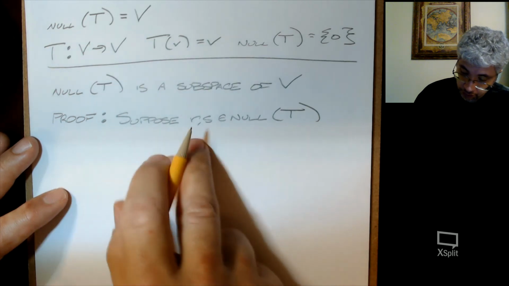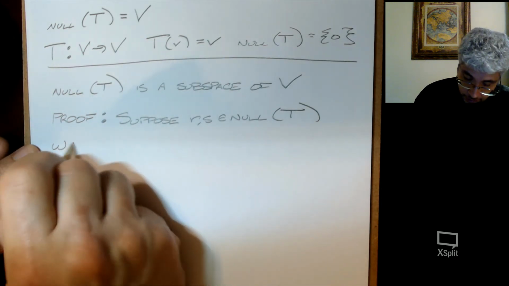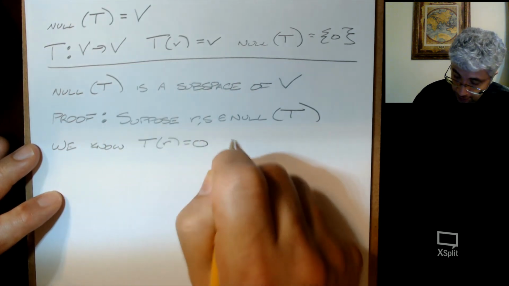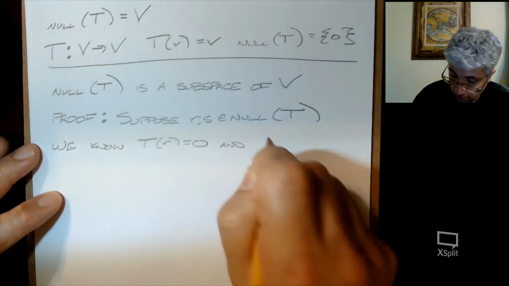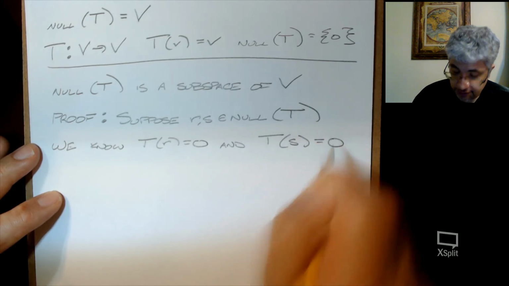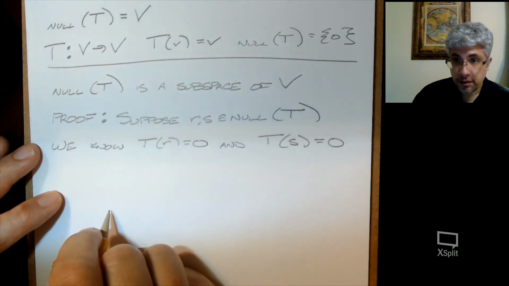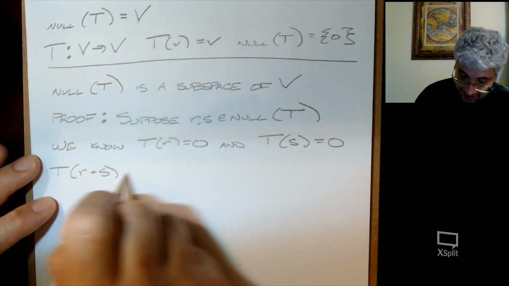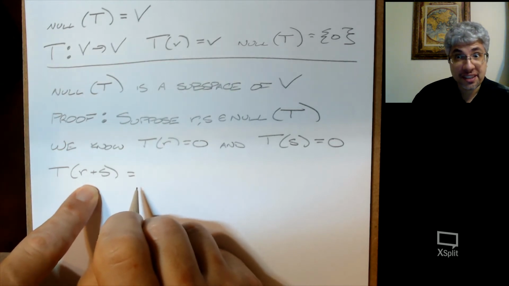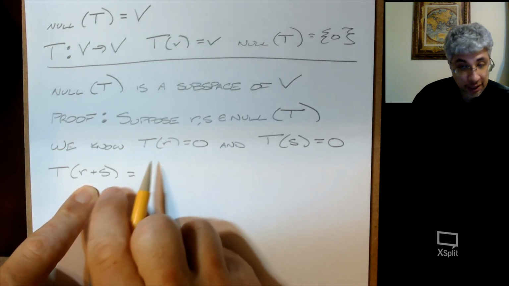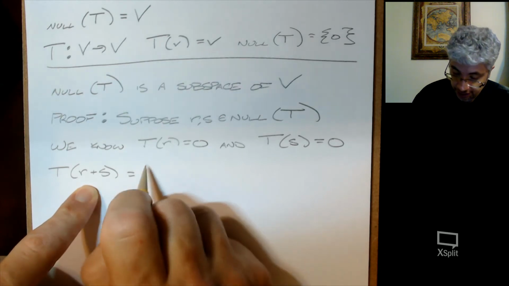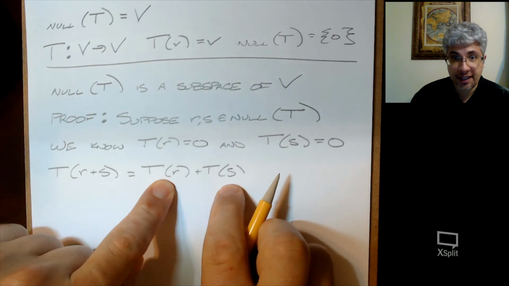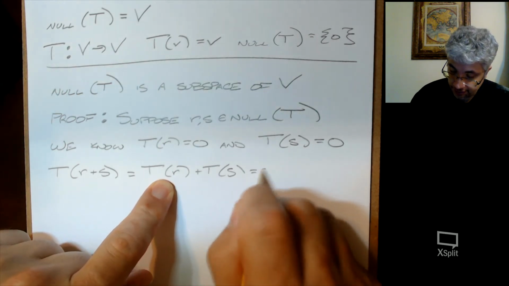But what do I know? Well, if r is in the null space of T, we know T of r is 0. And we also know that T of s is 0. So what do I find out? Well, T of r plus s is equal to T of r plus T of s. Why is this equal to it? Because T is linear. So here we're using just the linearity of T. And here we're using the fact that T of r is 0 and T of s is 0.